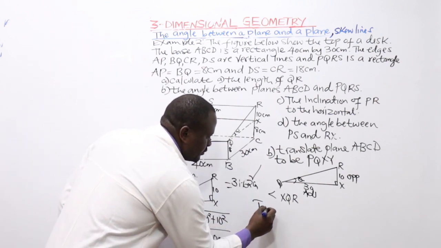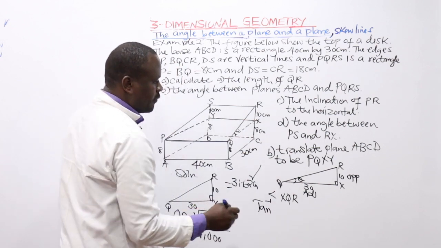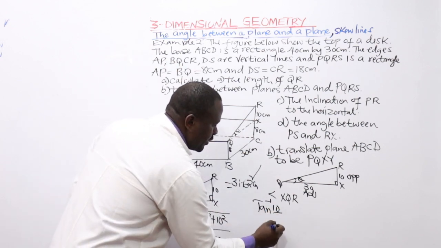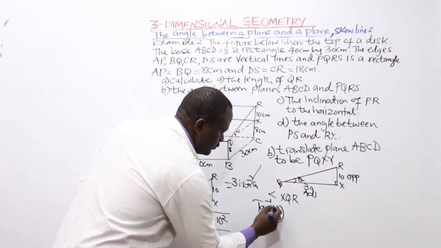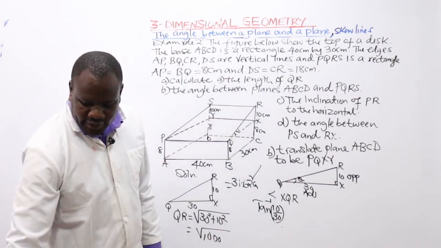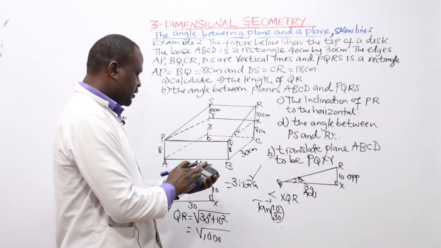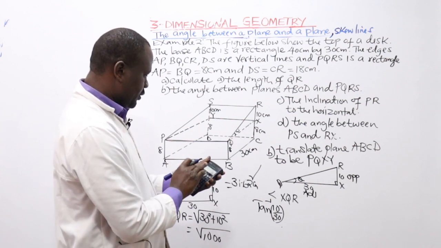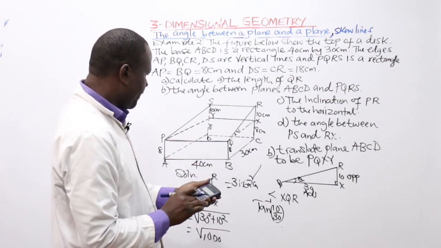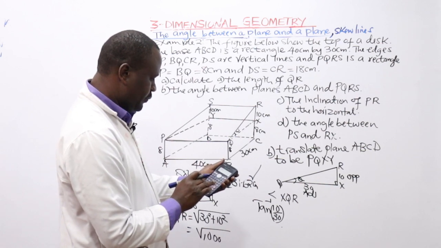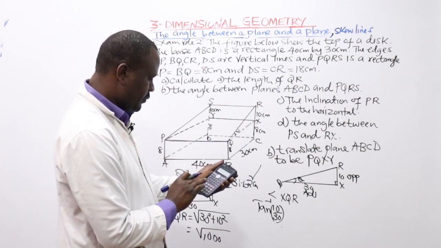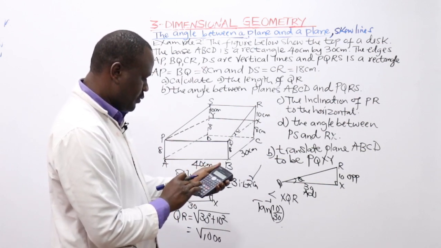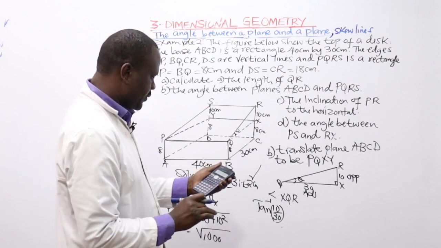Tan inverse of 10 over 30. You press shift, tan, 10 over 30, or 1 over 3.